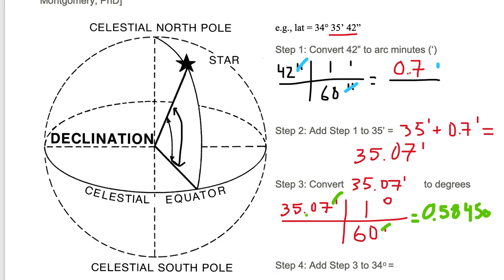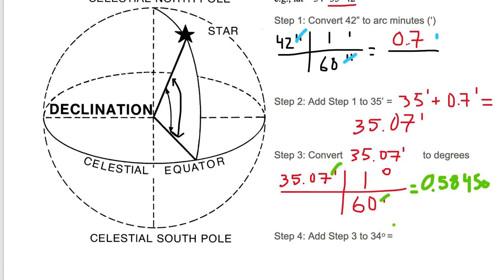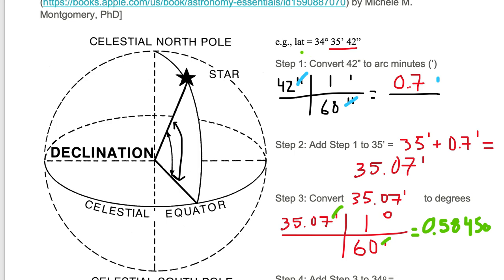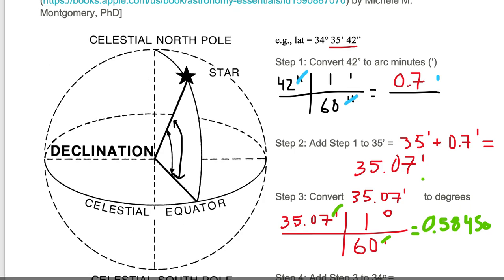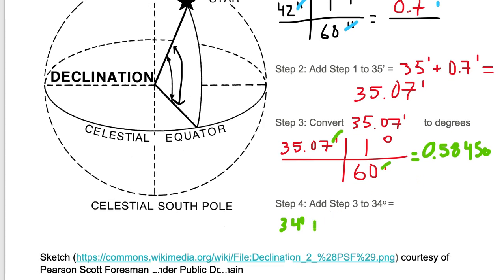So step 4 is to add step 3 to 34 degrees. Well, we have 34 degrees from our given. We converted 35 arc minutes and 42 arc seconds to 0.5845 degrees. So now we need to add 0.5845 degrees to 34 degrees.